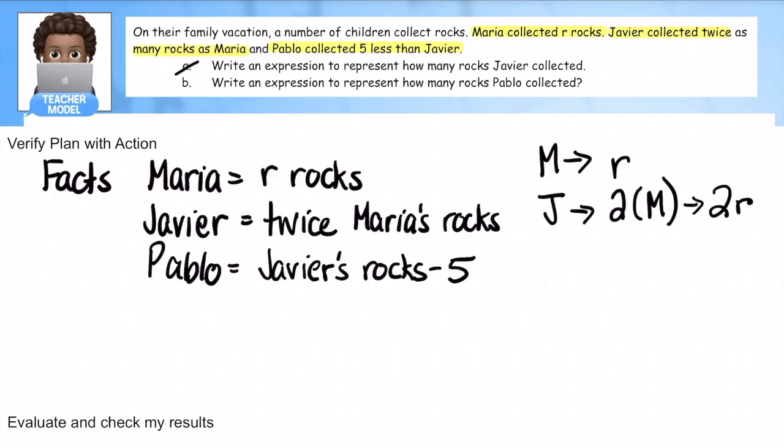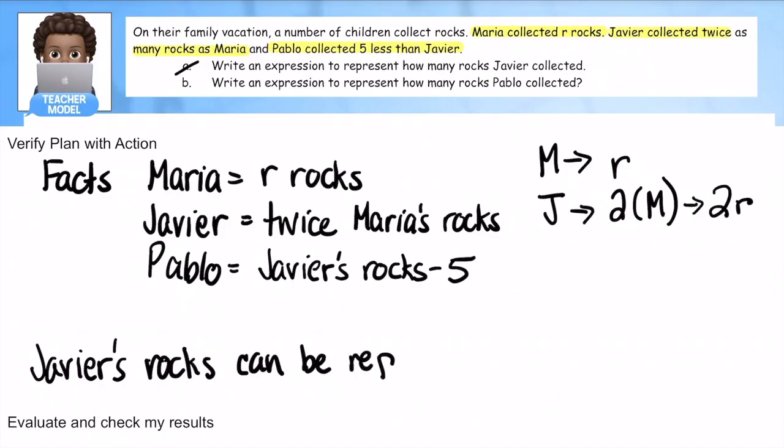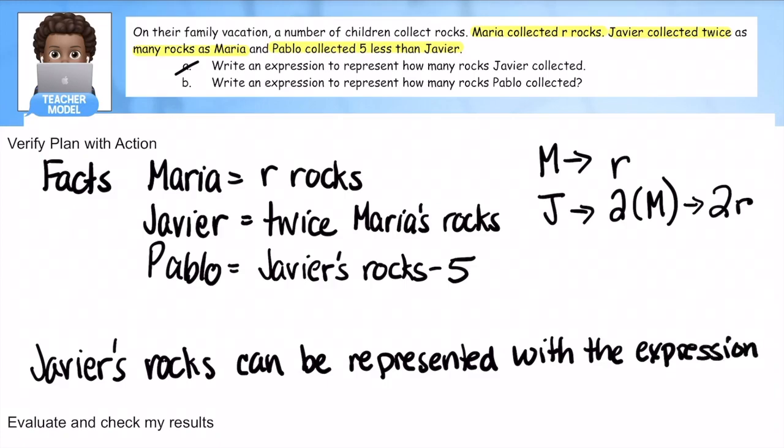That was our first question. Javier's rocks can be represented with the expression 2R, period. And now let's do Pablo's.